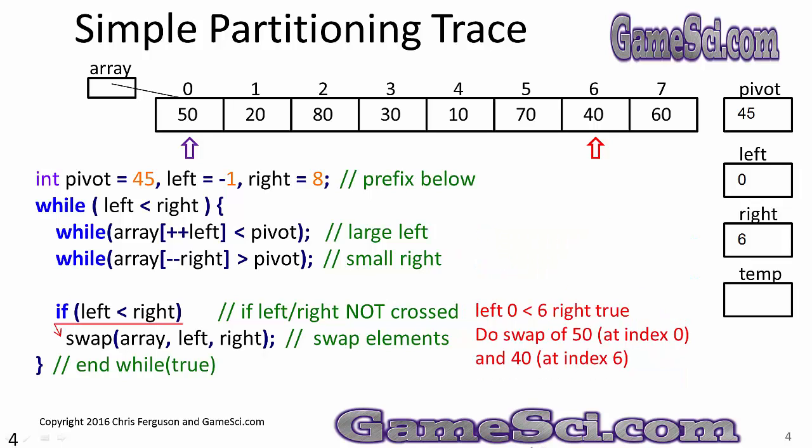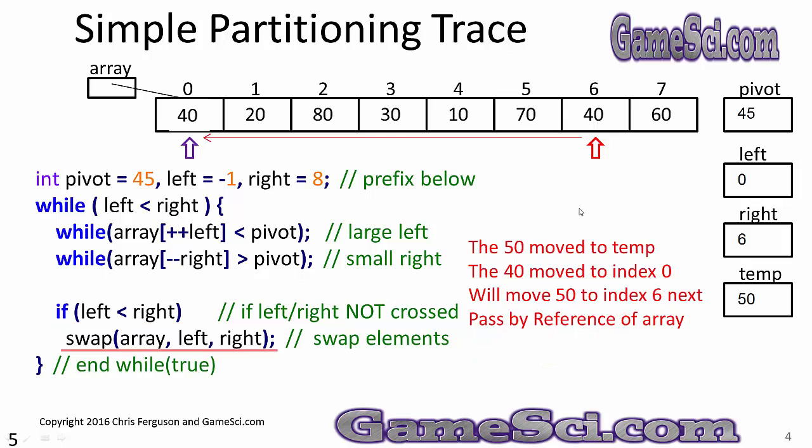If left is less than right, 0 in left less than the 6 in right is a true statement, so we need to do the swap of 50 at index 0 and the 40 at index 6. We all know how the swap works, so I'm not going to show you the swap line by line.